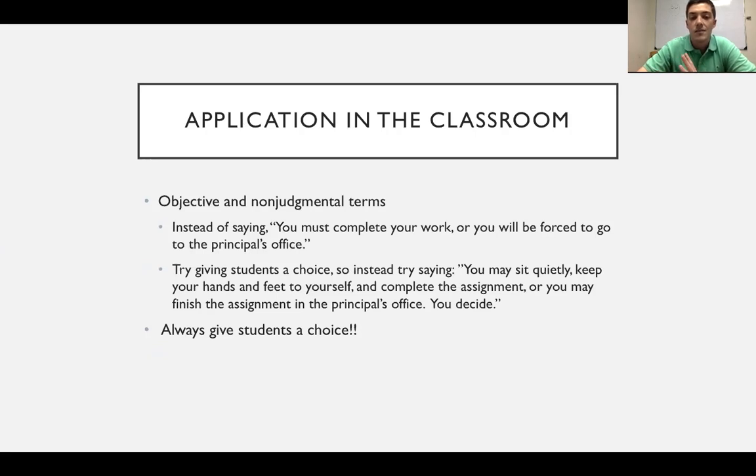Instead of saying that, you might say, hey, you can either sit quietly and keep your hands and feet to yourself and complete the assignment, or you can finish the assignment in the principal's office. You decide. So honestly, what you do to make this work is get to know your student, promote positive behavior, and then give students the choice to be a good student.